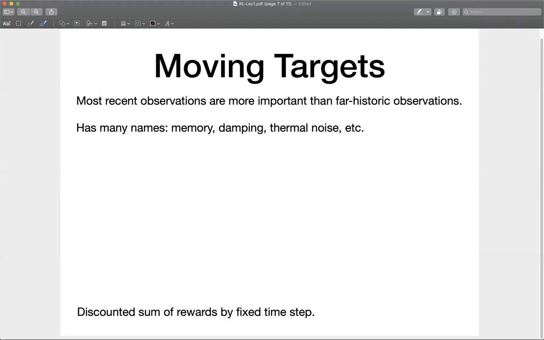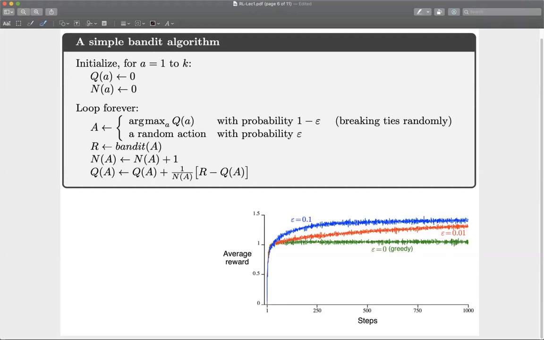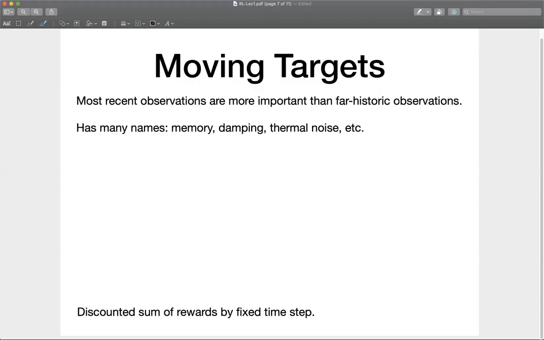Moving targets. The previous method was very good for when you have a fixed target. But what if that target was moving? In other words, the most recent observations are more important than the really far back observations. Does that make sense? Because the target's moving, it's not fixed in time.